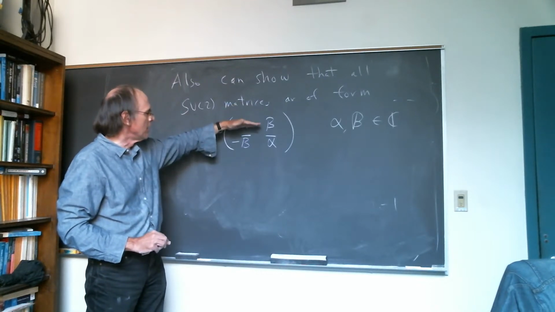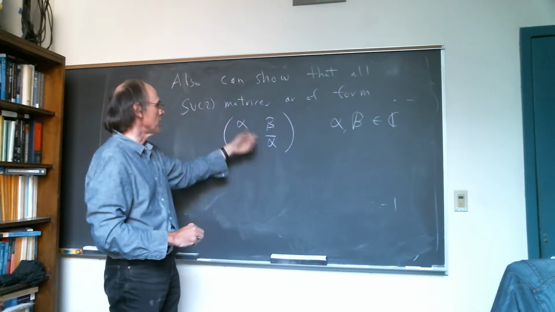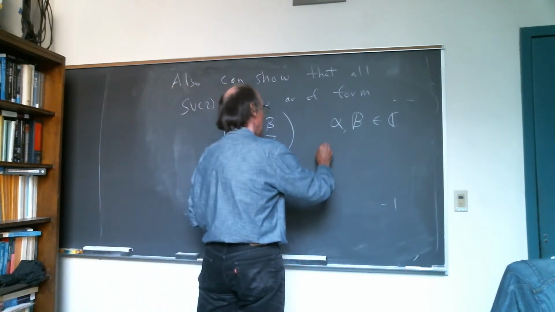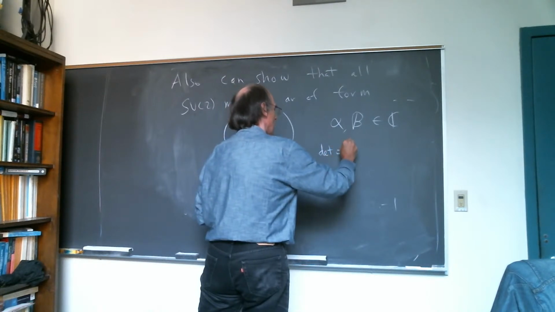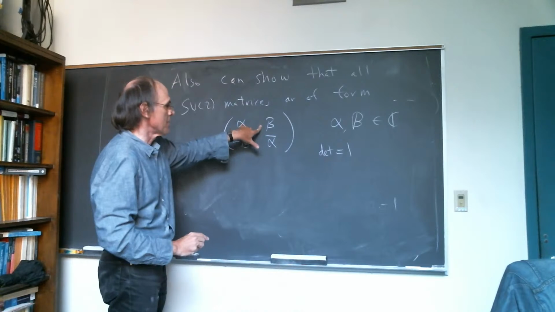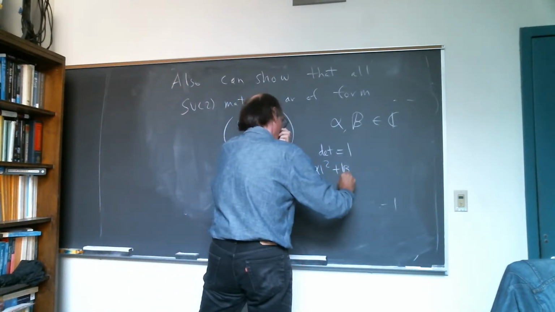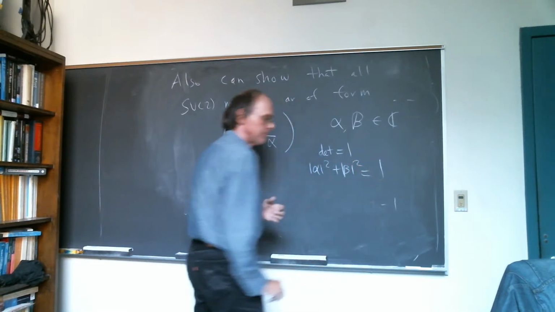This will give you unitary matrices, and if you want the determinant to be equal to 1, this times this minus this times this gives alpha squared plus beta squared equal to 1.